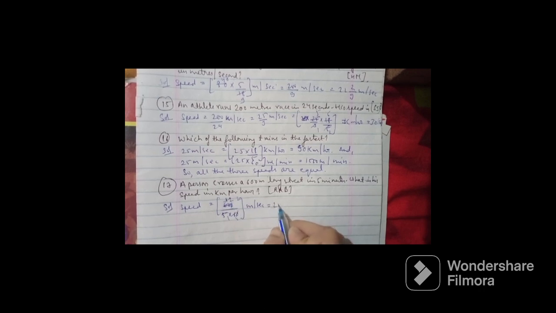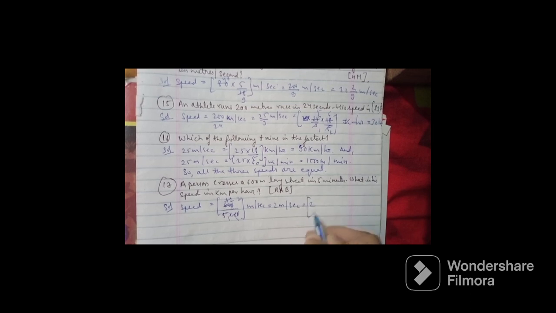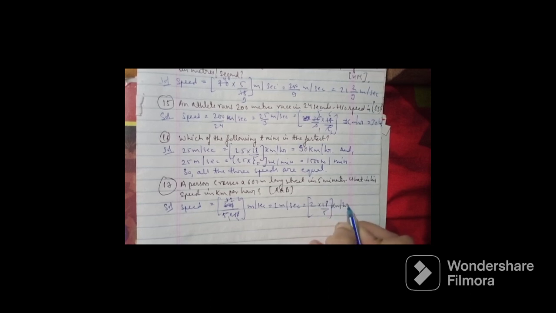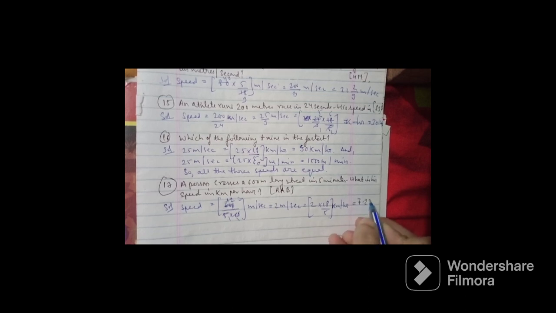So it will be 2 meter per second. Then it is converted by multiplying 18 by 5 to kilometer per hour, which equals 7.2 kilometer per hour.